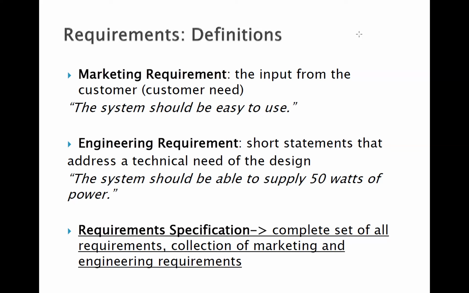It's fully technical, and it somehow refers to the design details. It's concepts that you will be developing. The requirement specification, which is the subject of this lesson, is the complete set of all requirements, including marketing and engineering requirements.